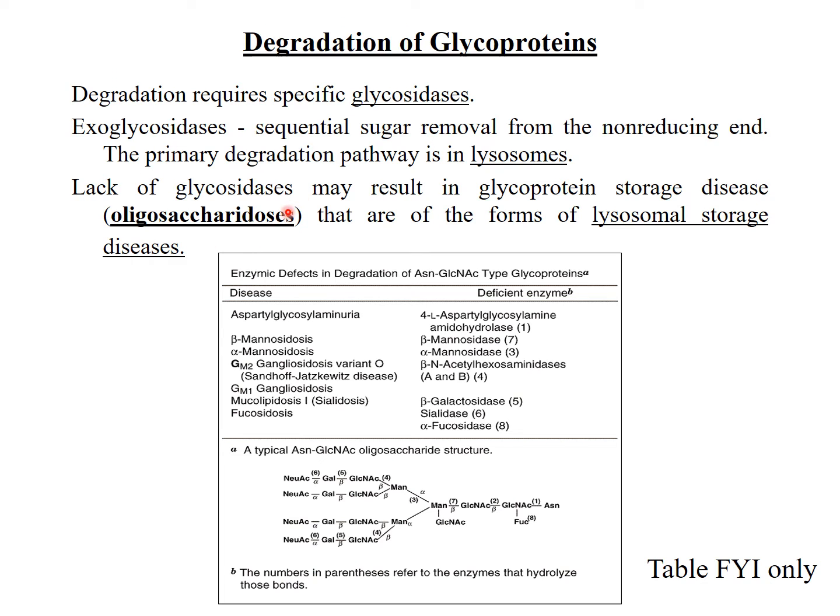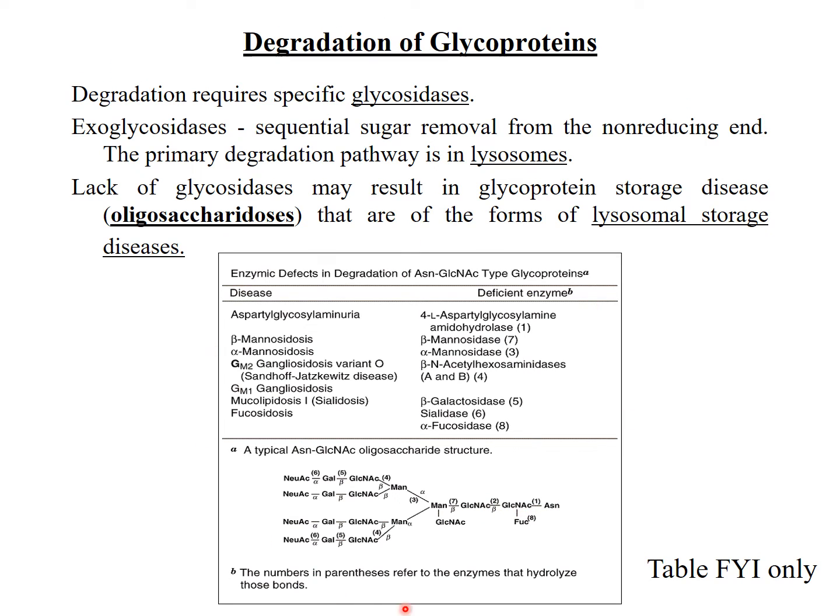The specific glycosidases are acting on complex carbohydrates, and what you see here is an N-linked oligosaccharide, and then enzymes, you see 1, 2, 3, 4, 5, 6, 7, 8 different enzymes are necessary to hydrolyze these specific bonds that are between sugar and sugar or sugar and protein.